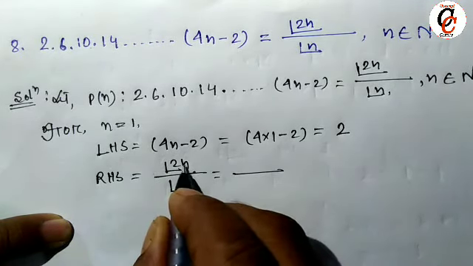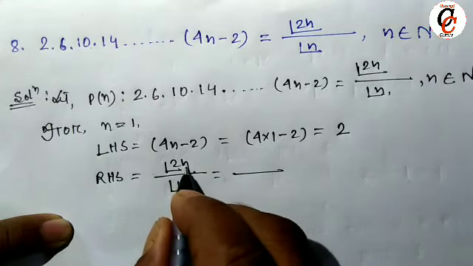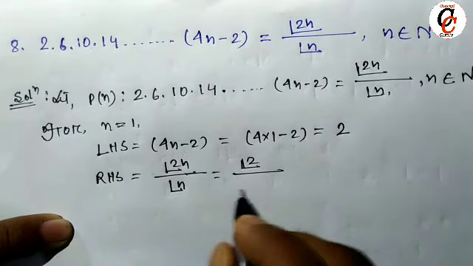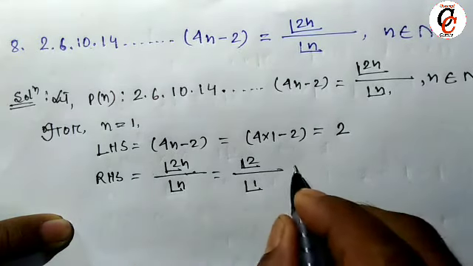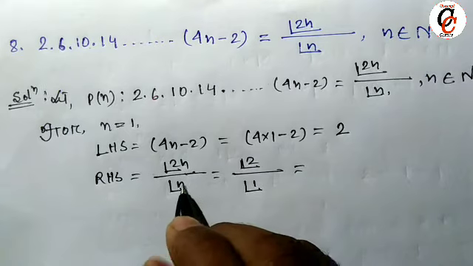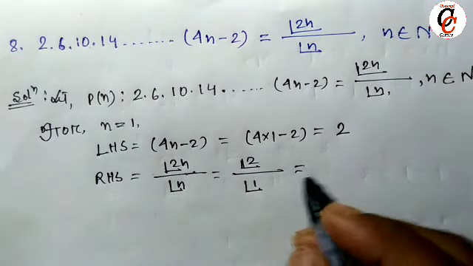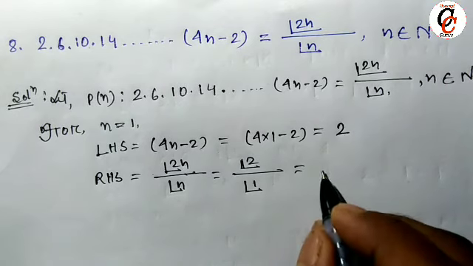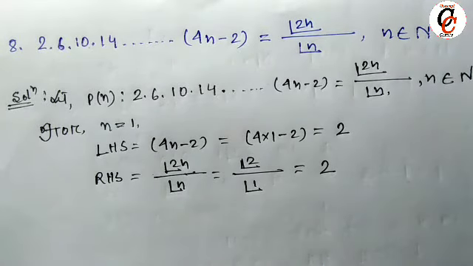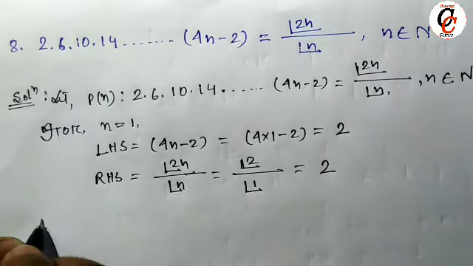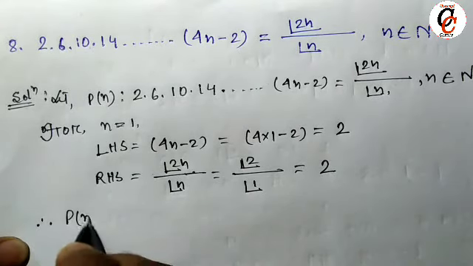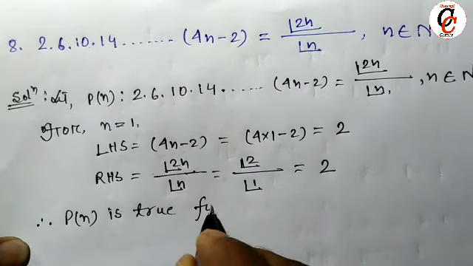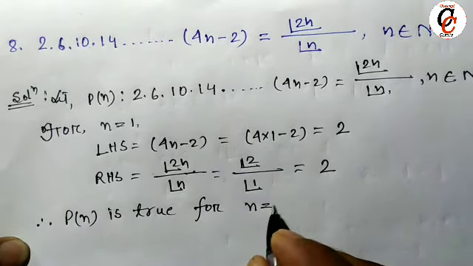N means 1. So if we put 1, it will become factorial 2 by factorial 1. So 2 factorial means 2, 1 factorial means 1. So 2 by 1 means 2. That is, for n equal to 1 it is true. Therefore Pn is true for n equal to 1.